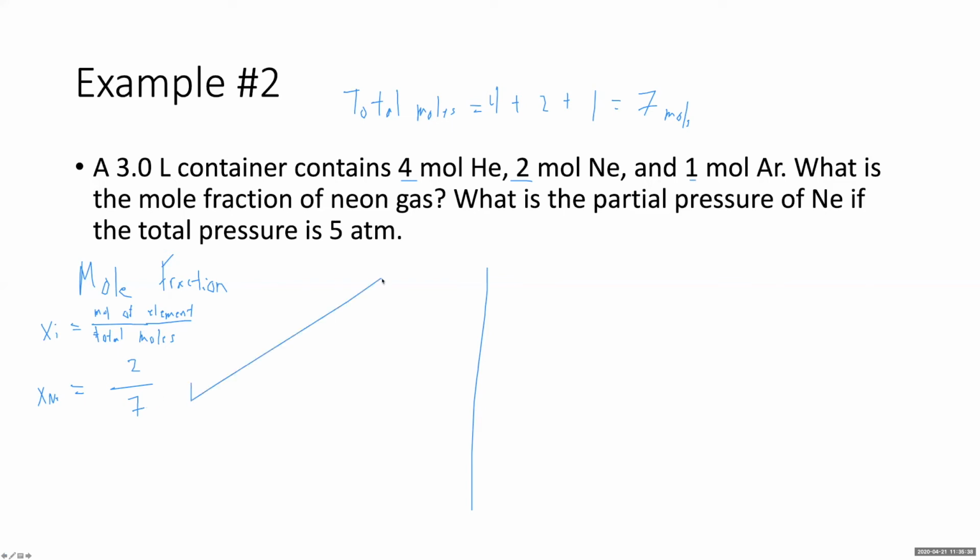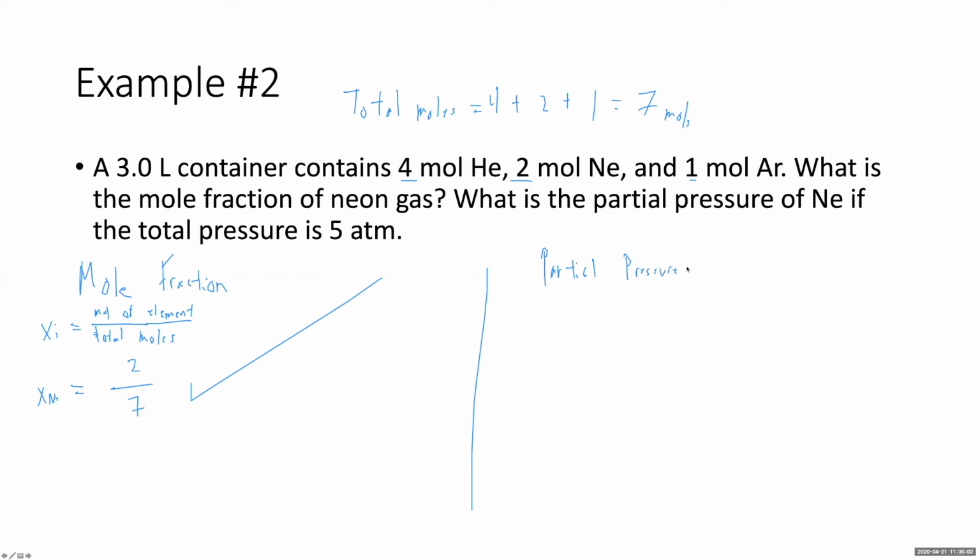So we've got the mole fraction. Now we're going to do the partial pressure, guys. So now we have the partial pressure of the neon gas, and this is when we use the new formula.